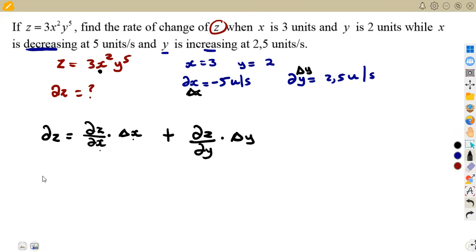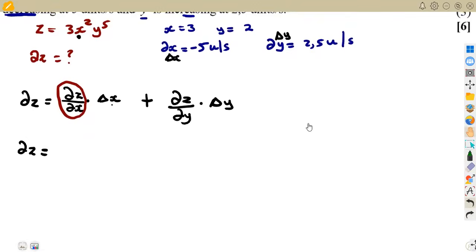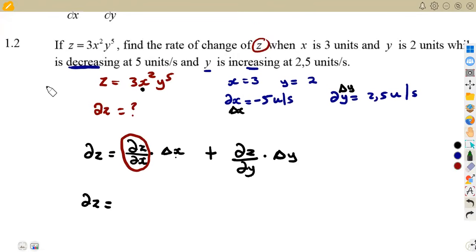So what does it mean? The change in Z is going to be equal to the derivative of Z with respect to X. So this one is the derivative of Z with respect to X. We're back now to that condition that I was talking about. Let me not rush, so that you understand. This is 1.2, remember, guys.